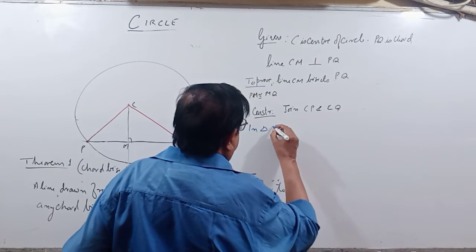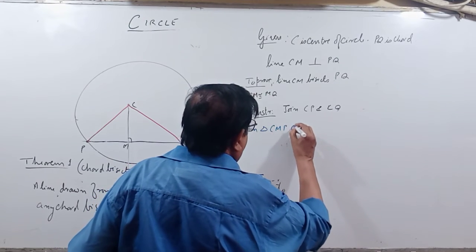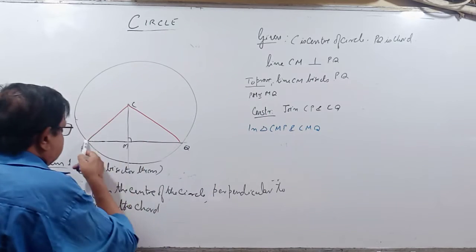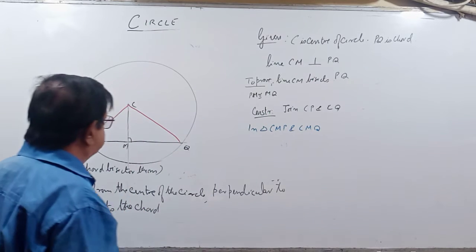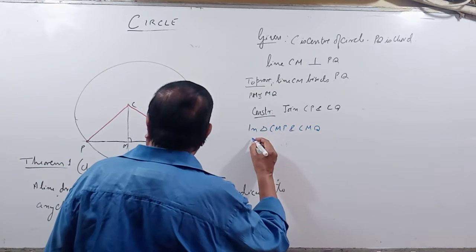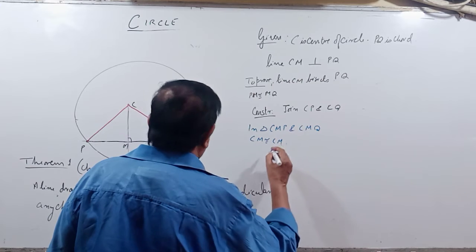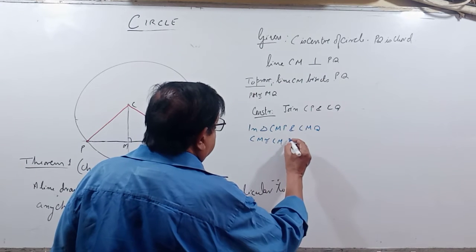Now in triangle CMP and CMQ, CM congruent to CM by common side.